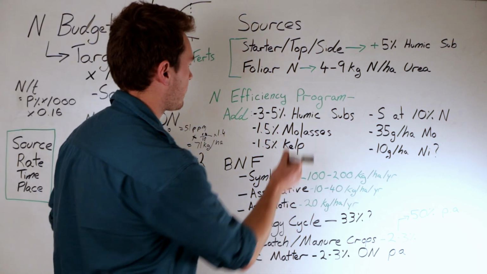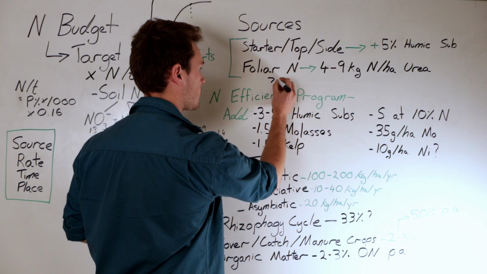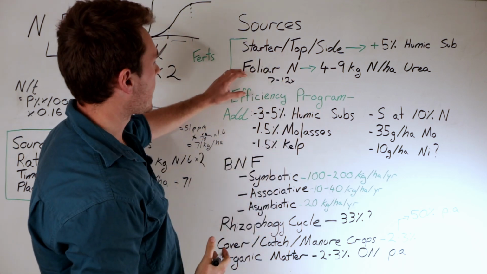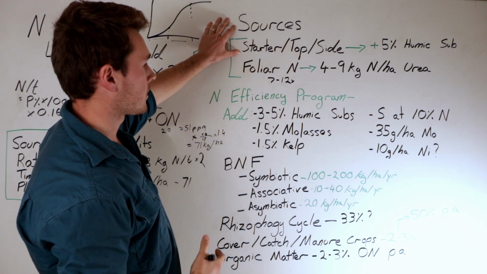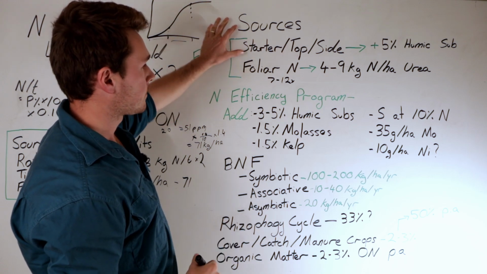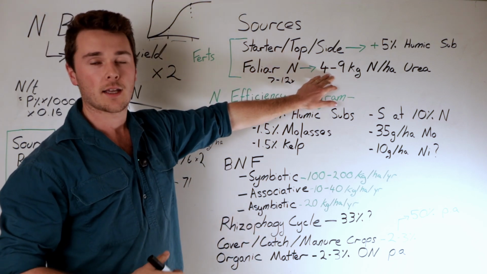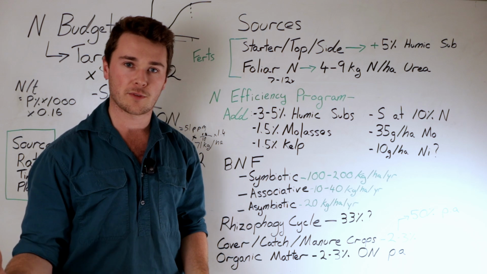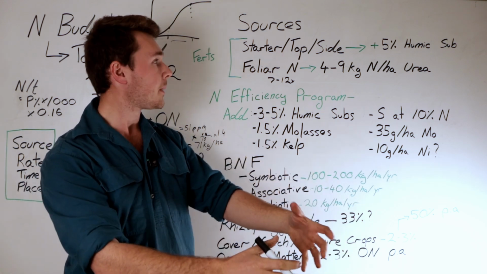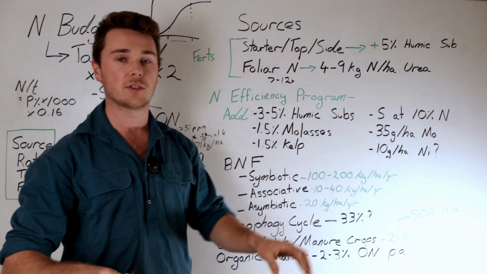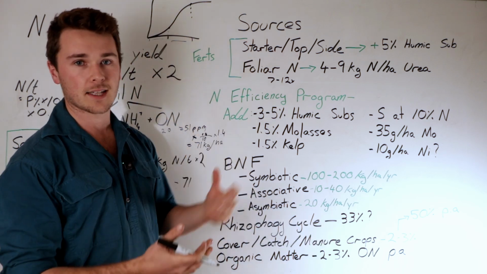Some people estimate it's between 7 to 12 times more effective than, say, applying it to the soil, which means when we factor in, say we're applying 5 kilos and we assume it's 10 times more efficient, that 5 kilos of nitrogen that we apply as a foliar is equal to 50 kilos of nitrogen applied as a starter or side dressing.